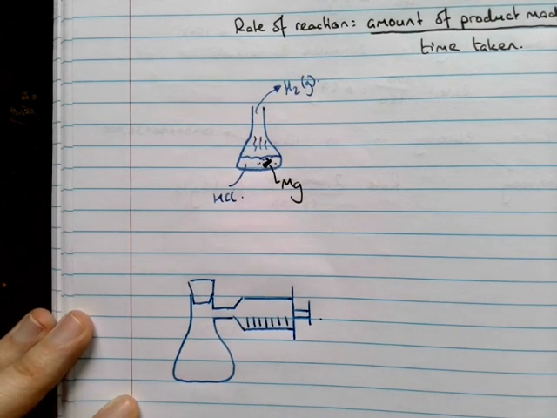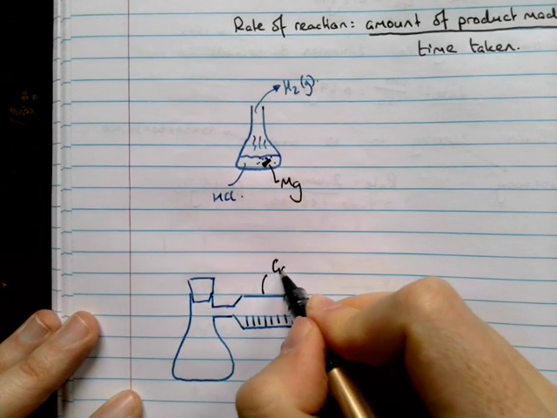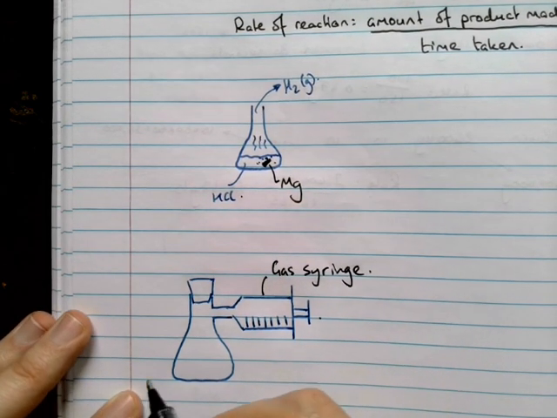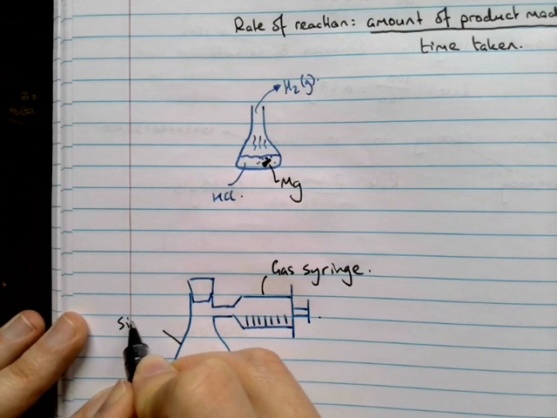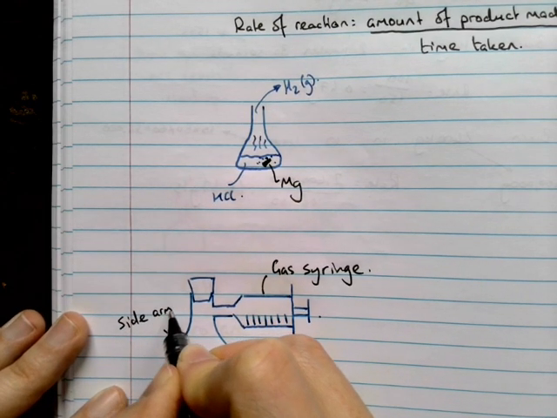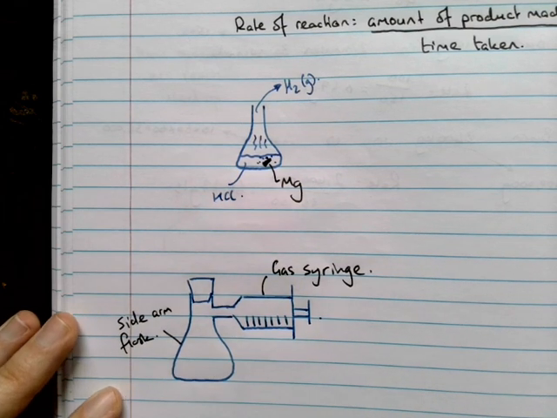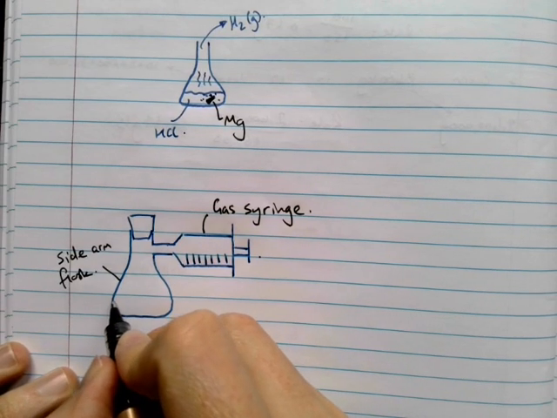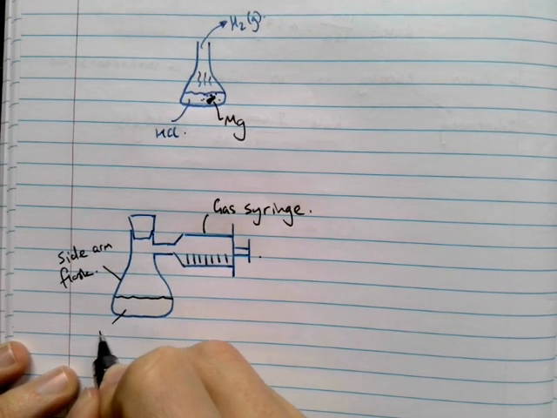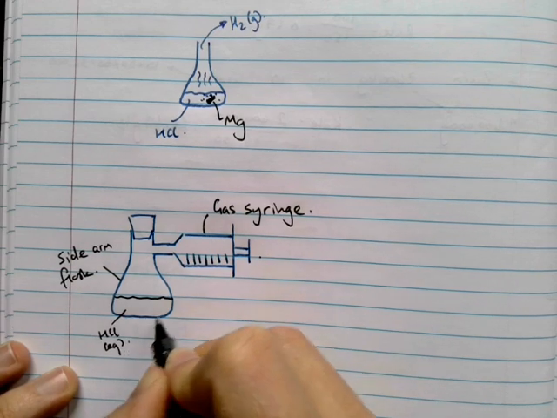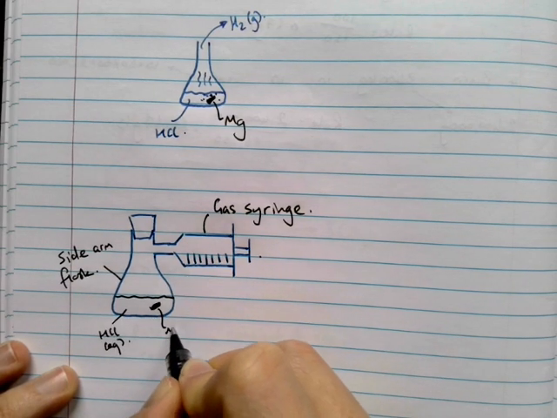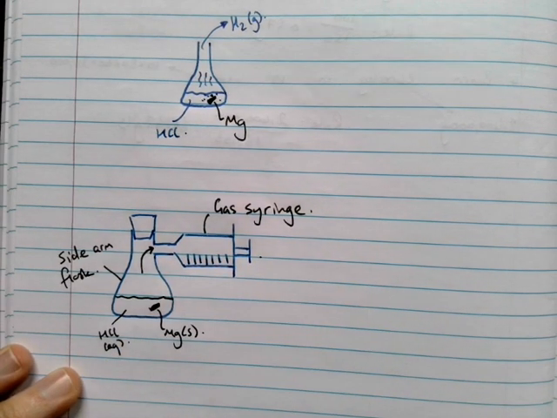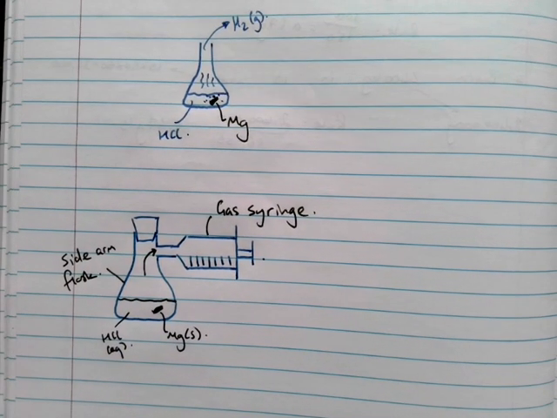We would label that here as a gas syringe, and this would be a sidearm flask. Now, same as before, in here you have your HCl and your magnesium, and you're producing your H2 into your gas syringe.